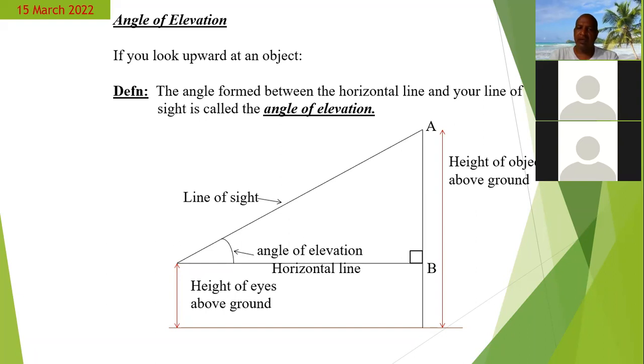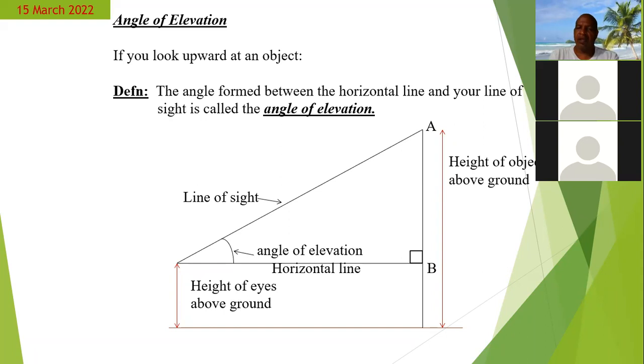You could be standing some distance away from the tree, which would be the length of the horizontal line from the tree to your line of sight. And from that distance, you are looking up at A at the top of the tree. The line of sight would be from your eyes to the top of the tree.